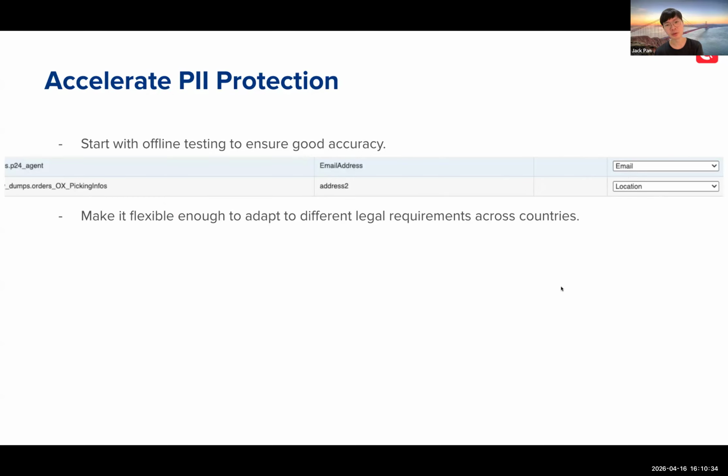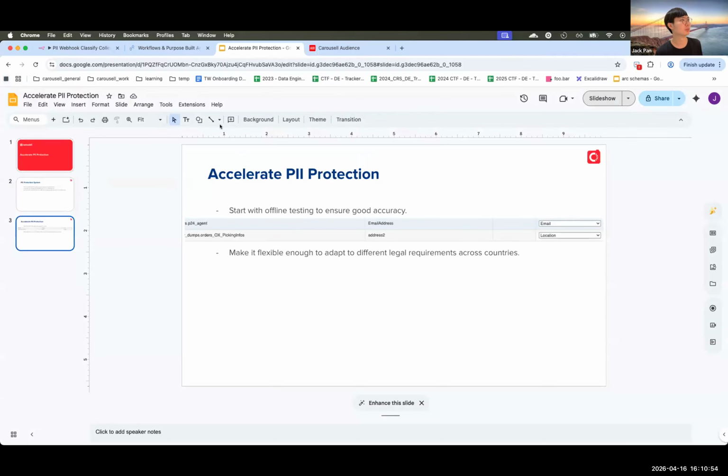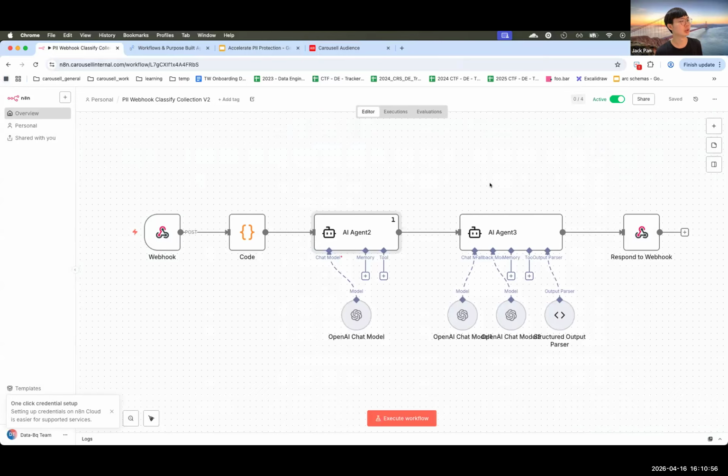Another thing we need to consider is that, due to different legal requirements in different countries, we should make it able to adopt different requirements easily. Okay, so let's see how it works. It's just a very simple n8n workflow where the input comes from a webhook that receives the sample data.